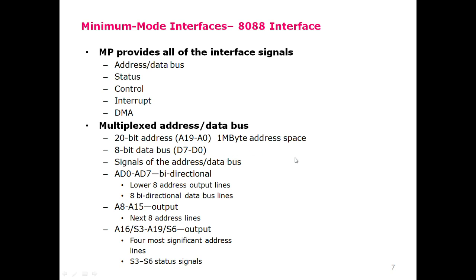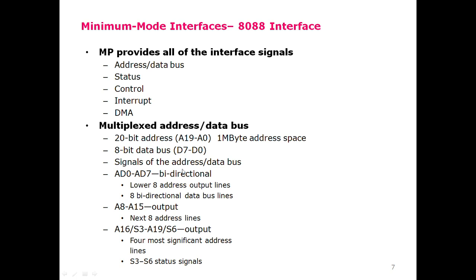So 1 megabyte of memory can be addressed. There is also an 8-bit data bus, D0 till D7, and this data bus is multiplexed with the first 8 bits of the address.